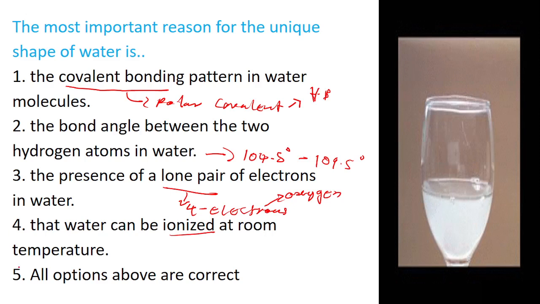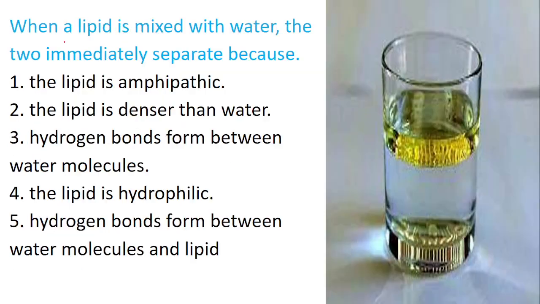Okay, so we move and look at the other question. When a lipid is mixed with water, the two immediately separate. If you look at this cup, there is water here, which is H2O, and then there is cooking oil, which is the lipid.